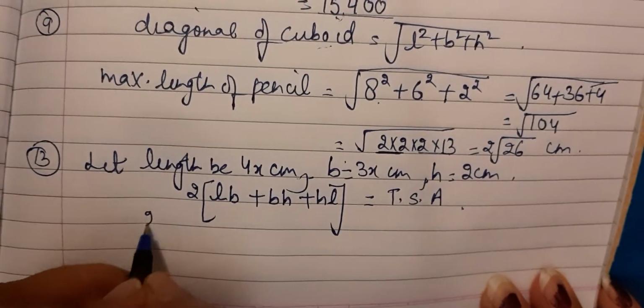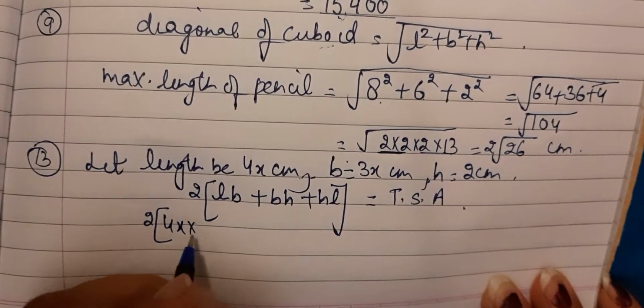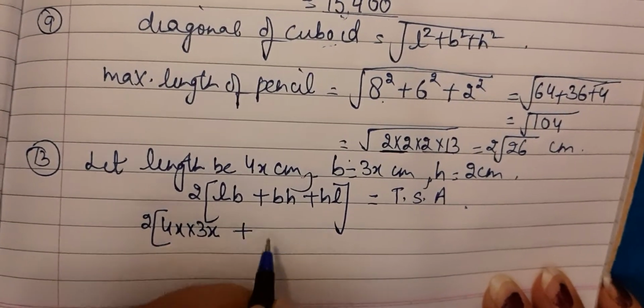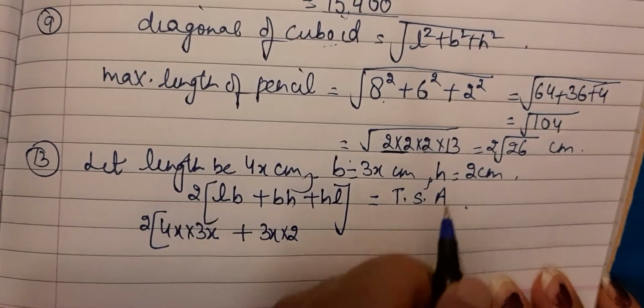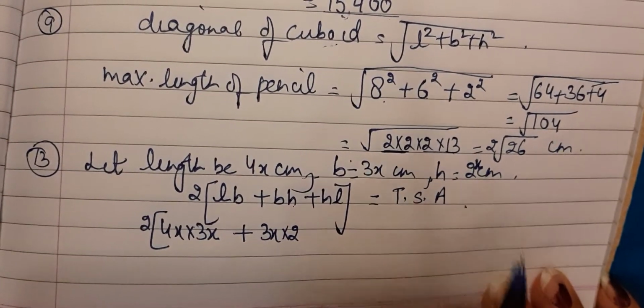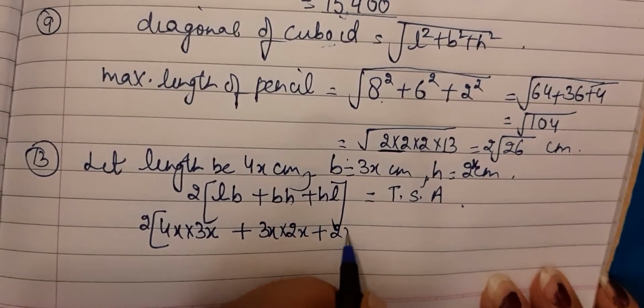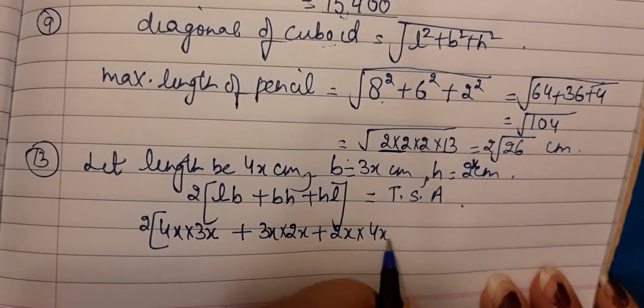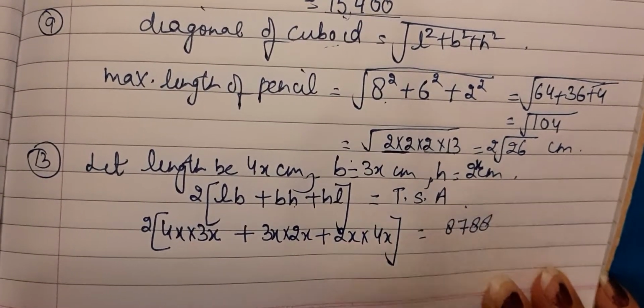Now substitute their values. Twice length 4x into breadth 3x, plus breadth 3x into height 2x, plus height 2x into length 4x is equal to 8788 given to you.